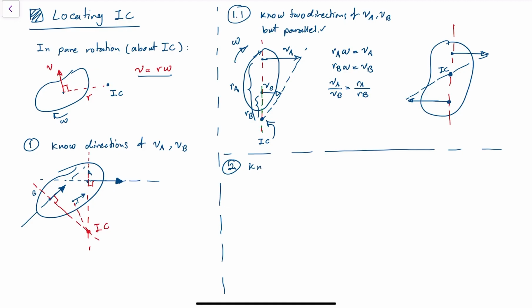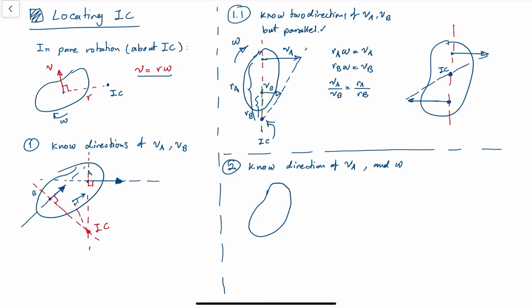So you know the direction of one of the velocities and the rate of angular velocity. Note that we always need two pieces of information.